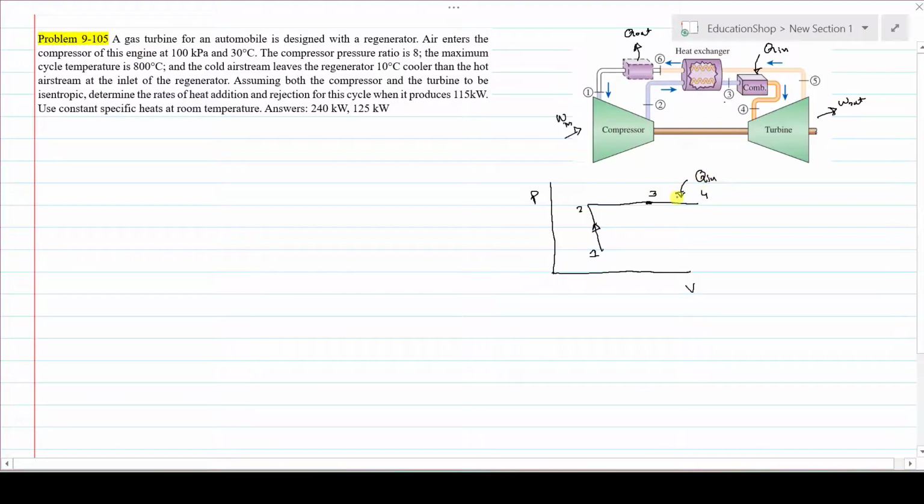And then isentropic expansion 4 to 5. And then 5 to 6 is again an exchange of heat at constant pressure. And then 6 to 1 is the constant pressure heat rejection process.